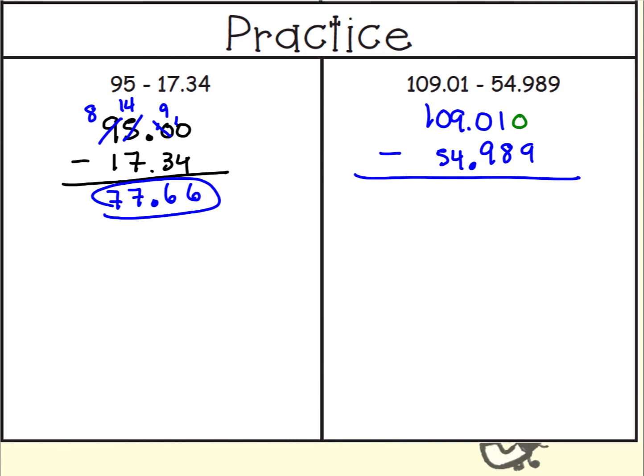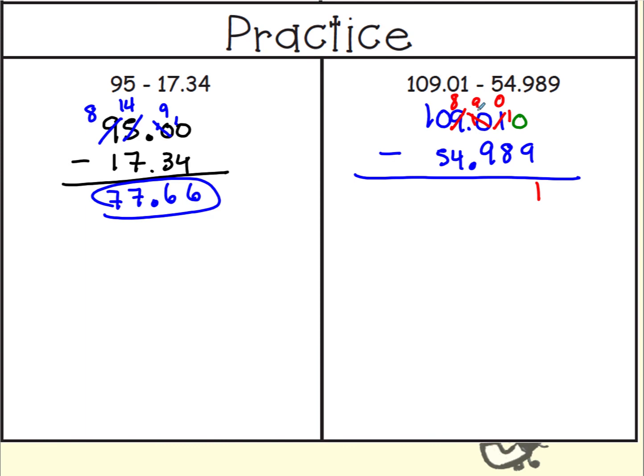I have to borrow from the 1 in the hundredths place, and that becomes a 0, and I add 10 there to the thousandths place, so 10 minus 9 is 1. Can't do 0 minus 8, so I'm going to go all the way to the 9, borrow 1, so this becomes a 10.